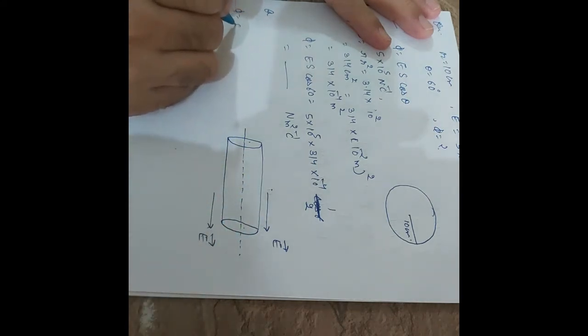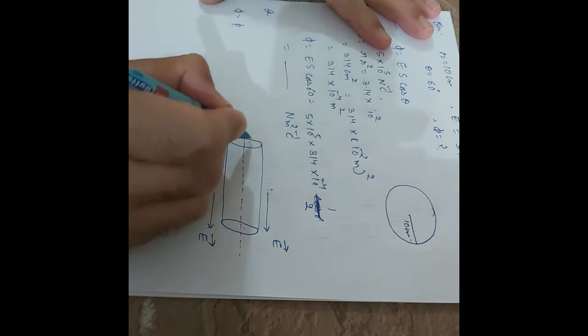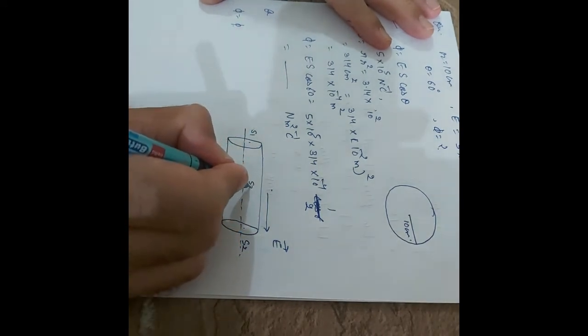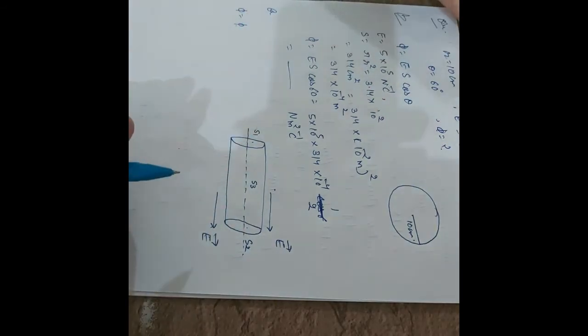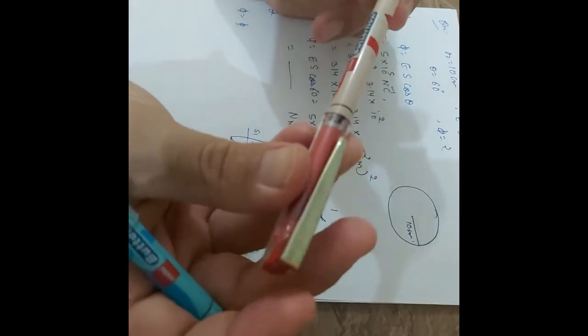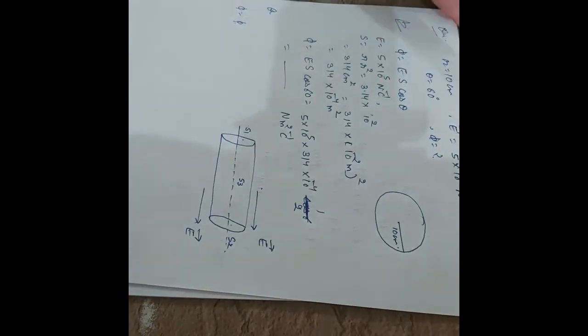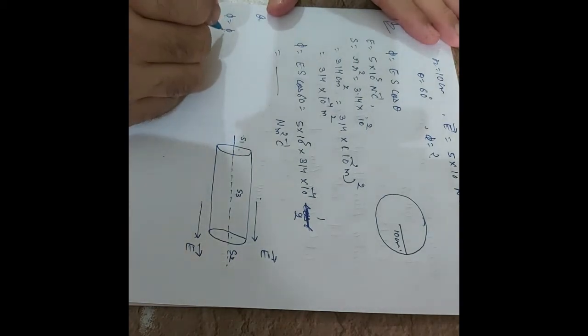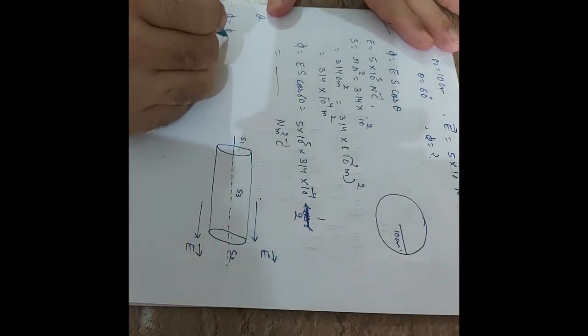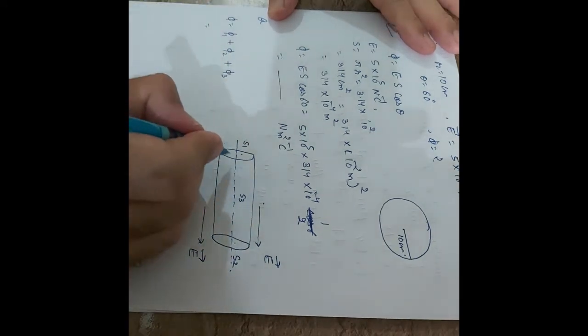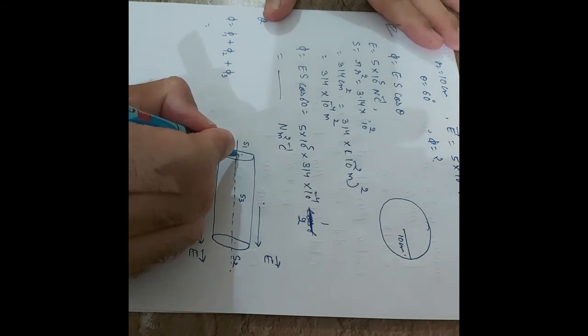So I can say it is the flux due to S1, S2, and this curved area S3. So this is φ1 + φ2 + φ3. Now let us say I am considering a small area here.